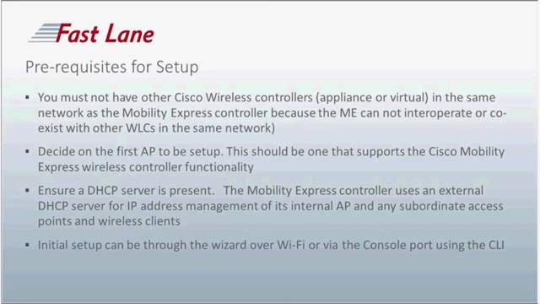Therefore, you need to decide which AP will become the virtual wireless LAN controller, and that is the one you need to set up first. That AP must support the Cisco Mobility Express wireless control functionality, which is basically software-based.